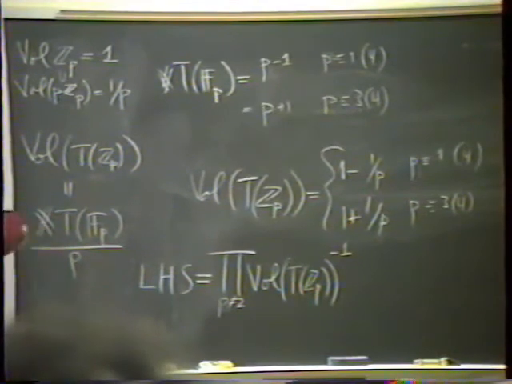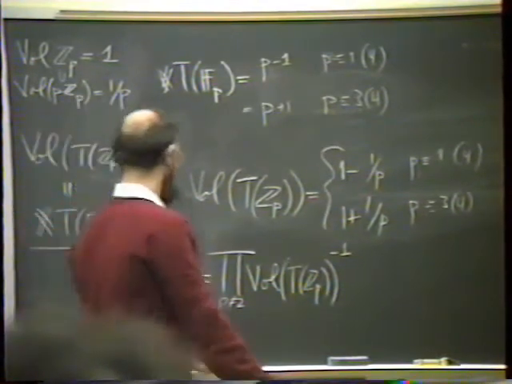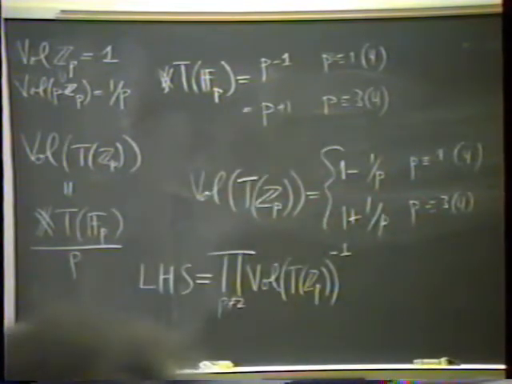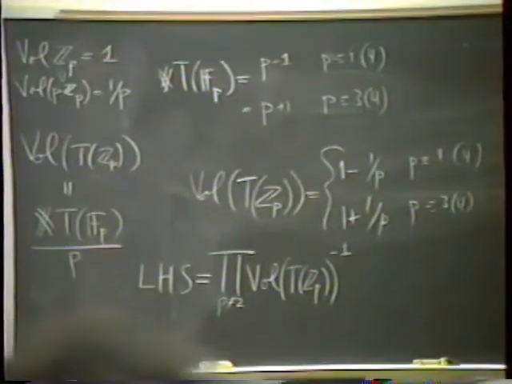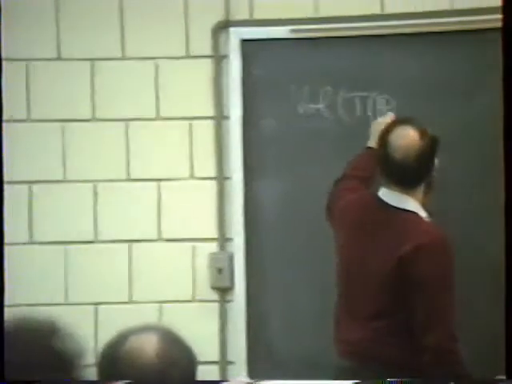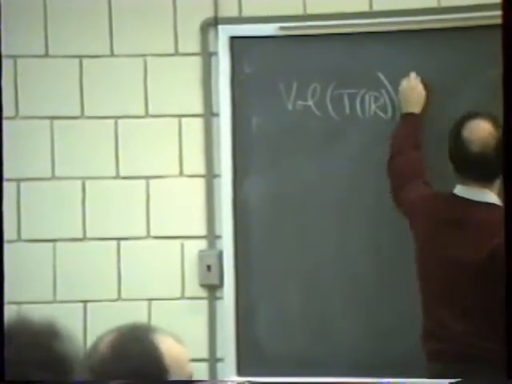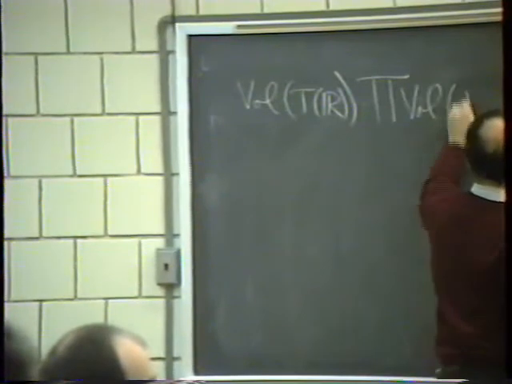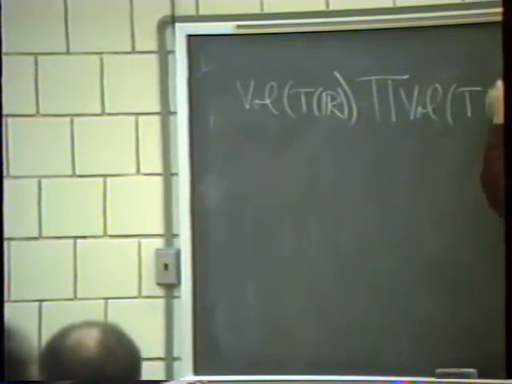Or said another way, well, it's not quite equivalent, but it's clear that that implies that if we take the volume of T of R and we multiply by the product of the volumes of the T of Z_p, well, what do we get?